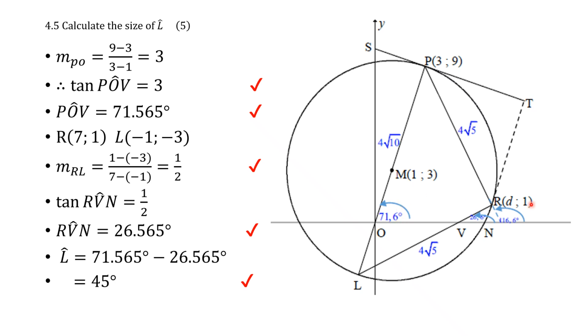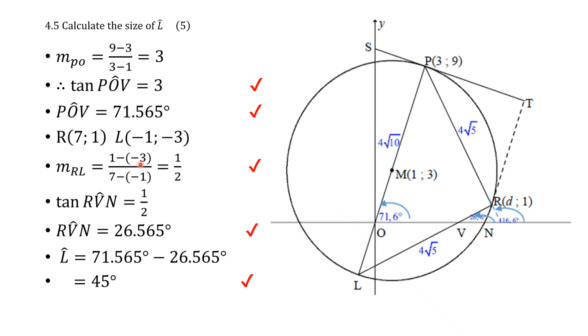And then if I take R and L there, I use those coordinates. Remember L we found as minus 1, minus 3 from the previous problem. So there, 7 or minus 1, 1 minus minus 3, and then 7 minus minus 1.